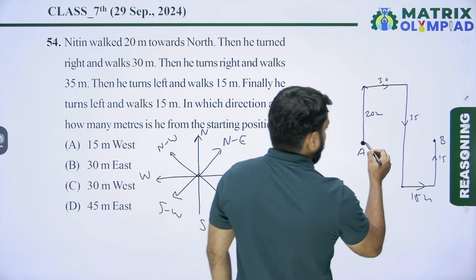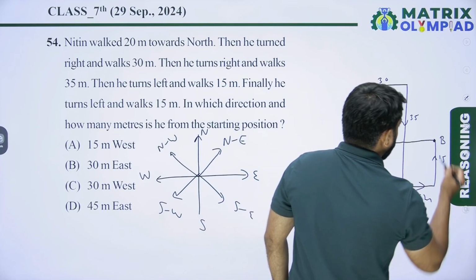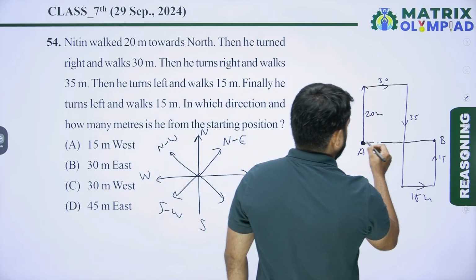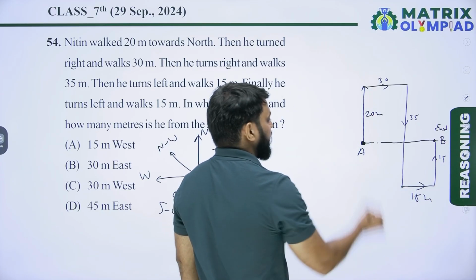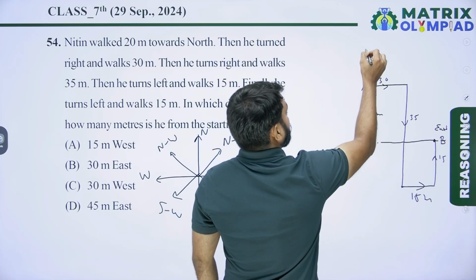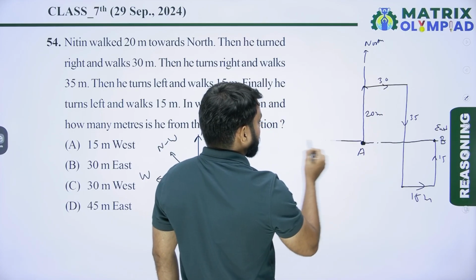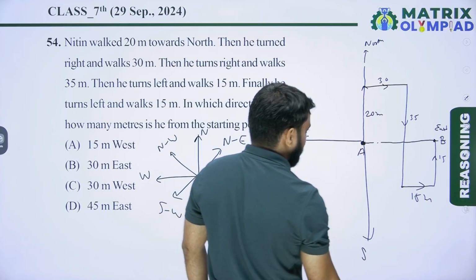So the starting point and end point are on the same line. This is the east direction of the starting point, this is the north direction, this is the west direction, and this is the south direction of the starting point.